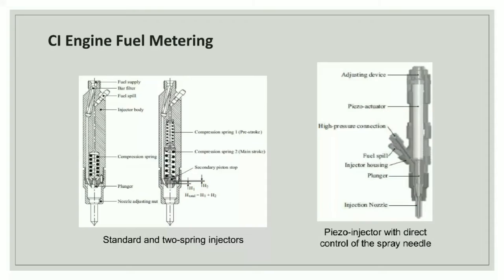And here the total head is equal to H1 plus H2. This is for standard and two spring injectors. In the next figure, you can see the piezo injector with direct control of the spray needle, where you can see the adjusting device, piezo actuator, high pressure connection, fuel spill, injector housing, plunger, and injection nozzle.